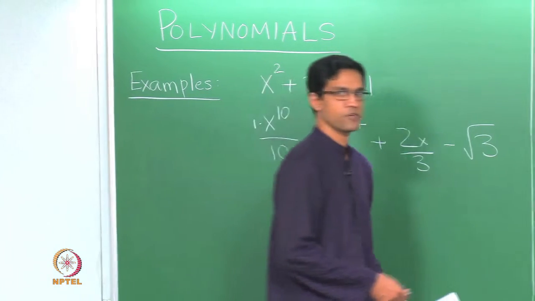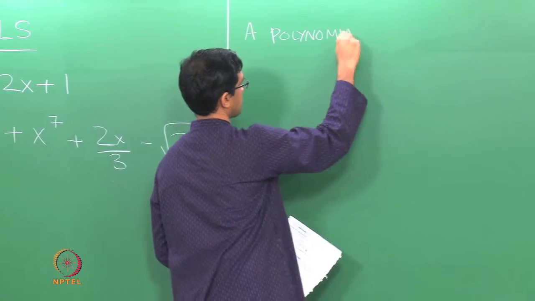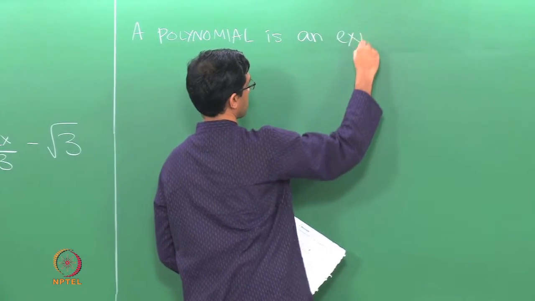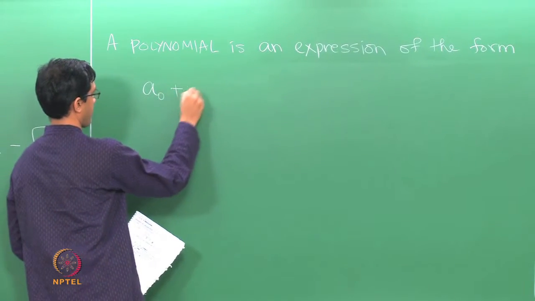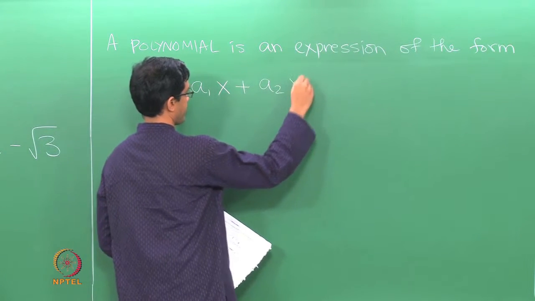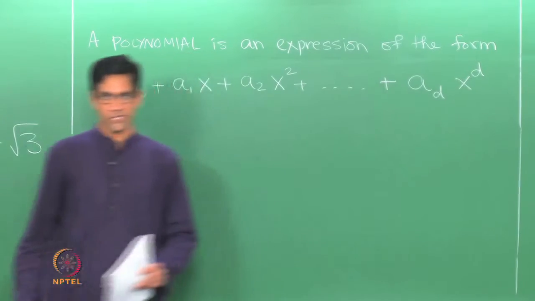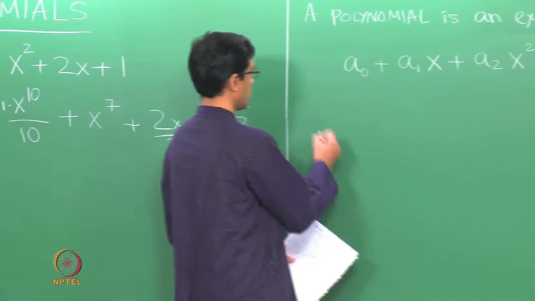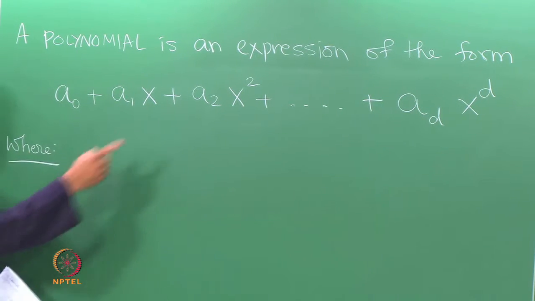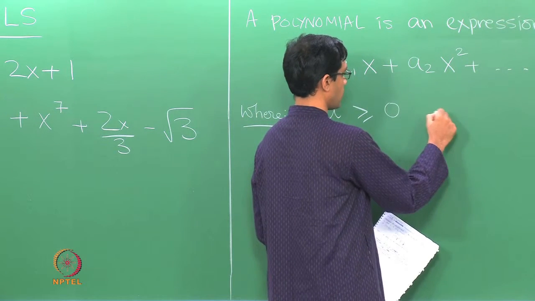So, the general formal definition of a polynomial is an expression of the form a0 plus a1x plus a2x square and so on till adx power d, where d is greater than or equal to 0, an integer.